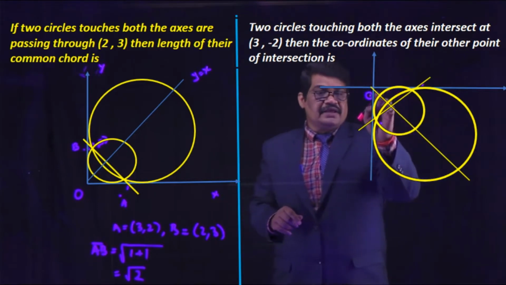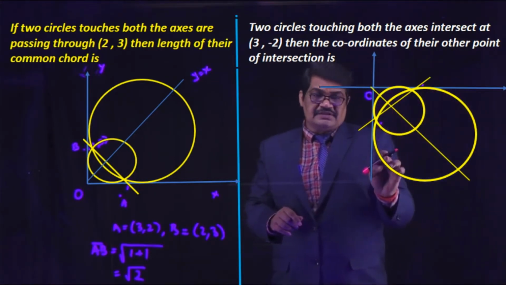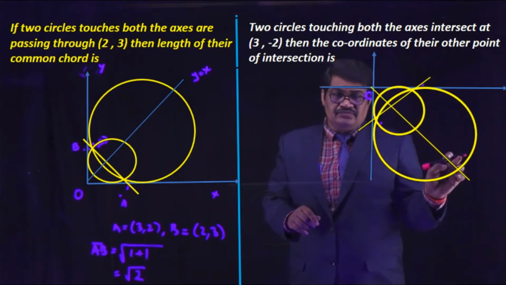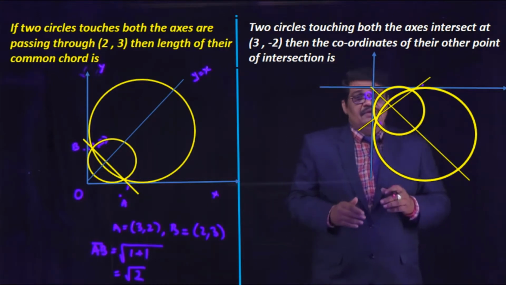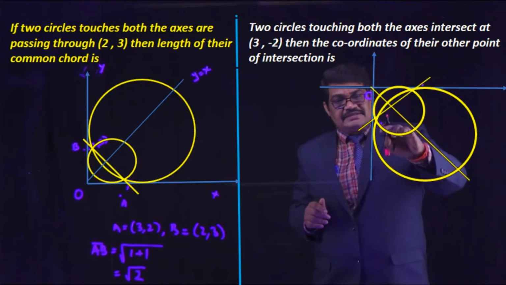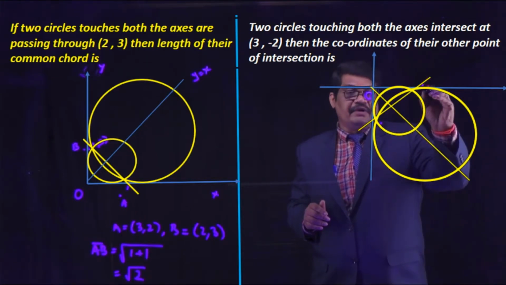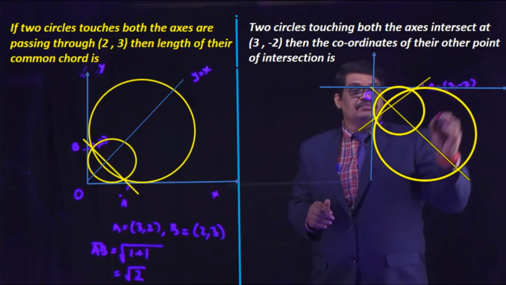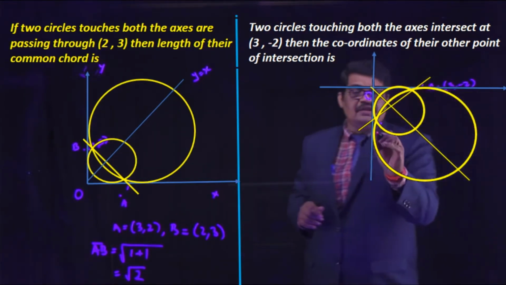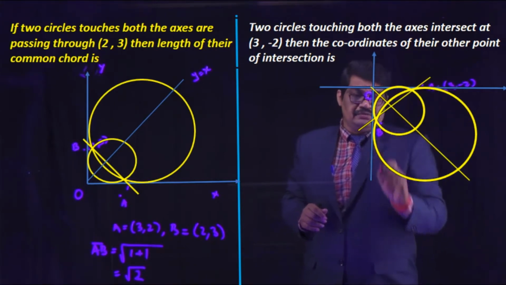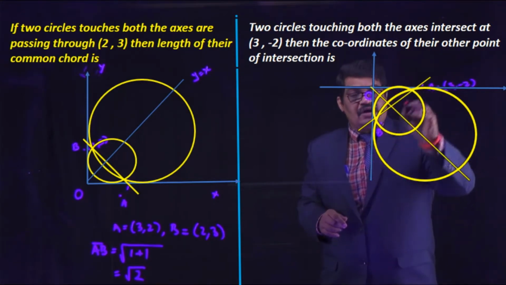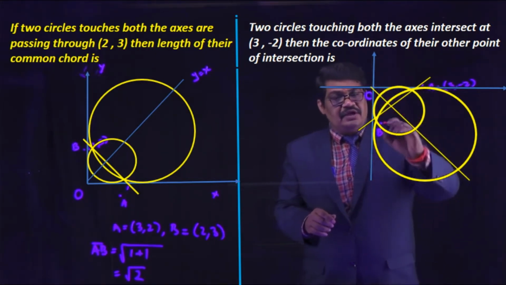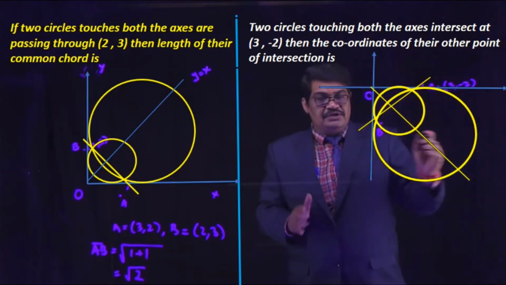This is the x-axis and this is the y-axis, and these are the two circles touching both the coordinate axes. Here the given point A is (3, -2). The other point B is the intersecting point of these two circles. Now this chord AB is the common chord of these two circles.